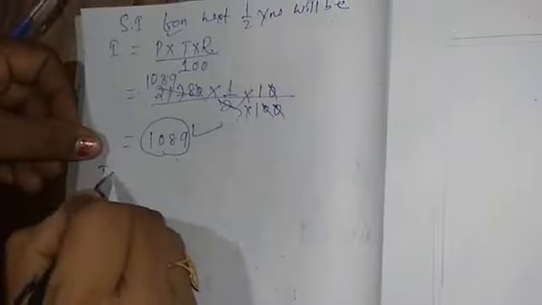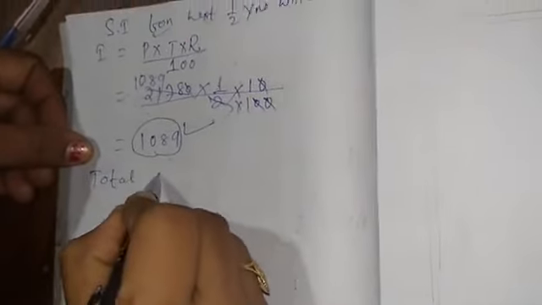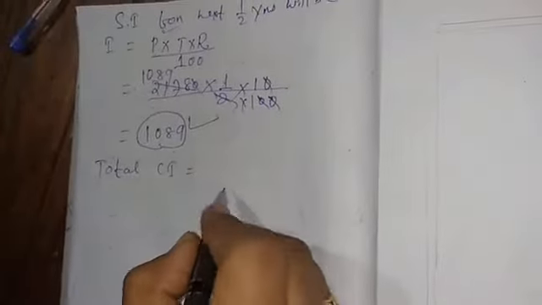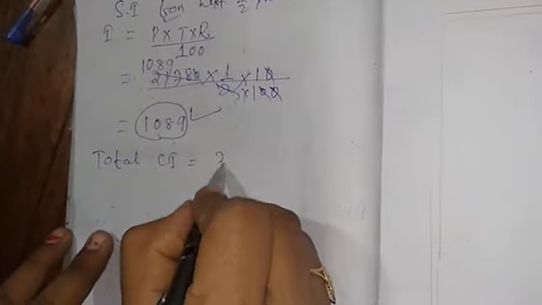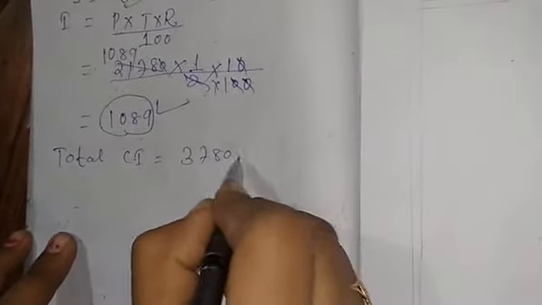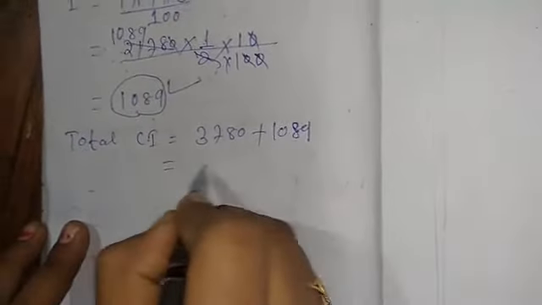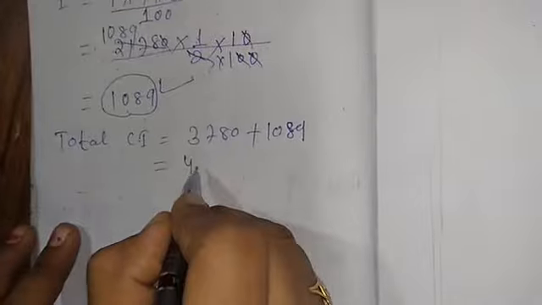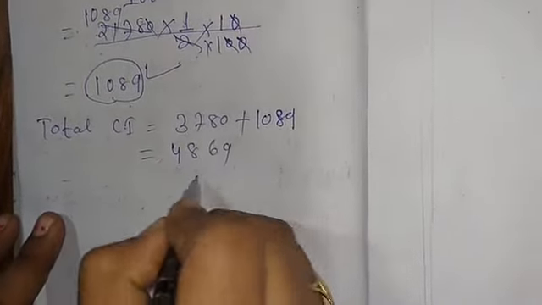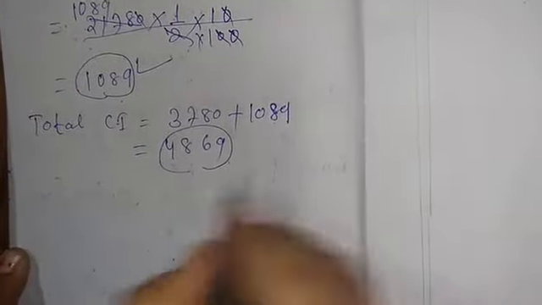Then total compound interest equals first 2 years compound interest, how much? 3,780 rupees plus 1,089. How much? 4,869. This is the compound interest. Again we find the amount.